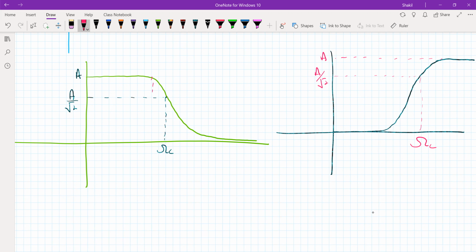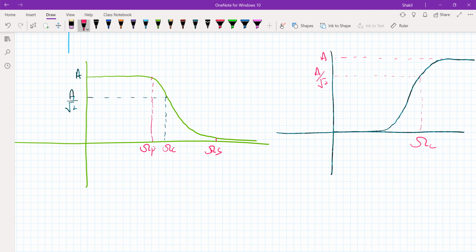The region between this frequency and this frequency, let's say this is the pass band edge. I'm using capital omega here, so let me call this edge omega p, this is omega c, and this is omega s, right?